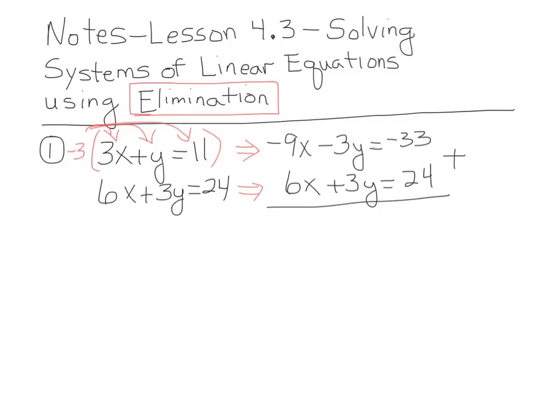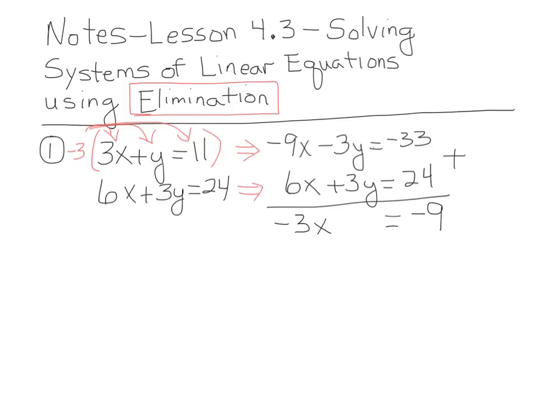Negative 9x plus 6x is negative 3x. Negative 3y plus 3y, that's eliminated. Elimination method. And then negative 33 plus 24 is negative 9.